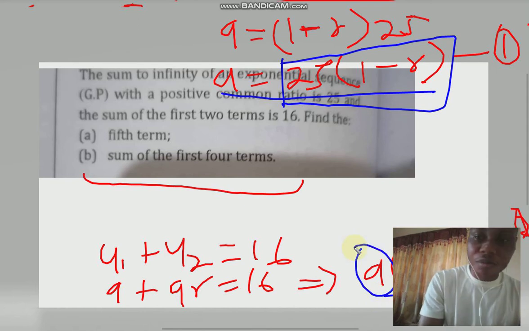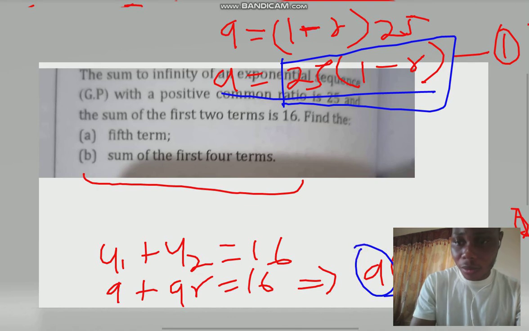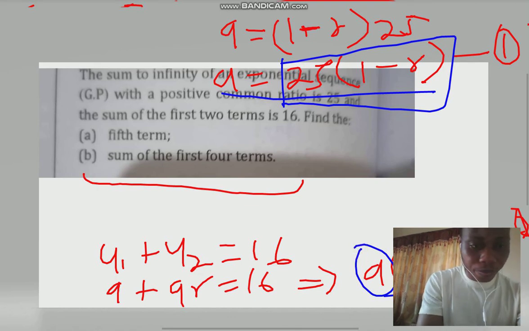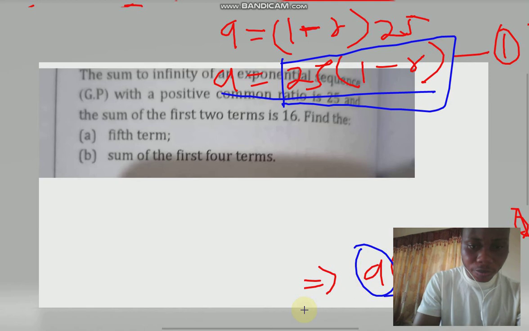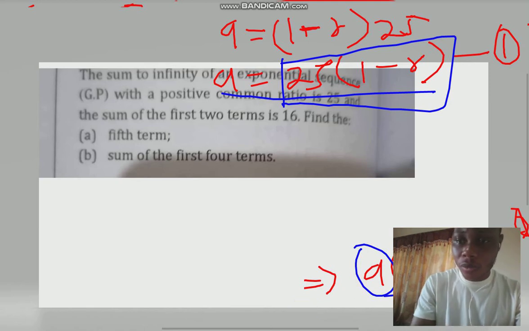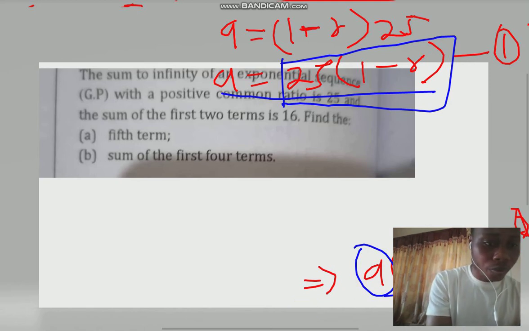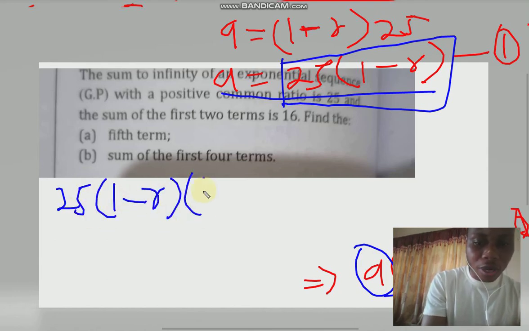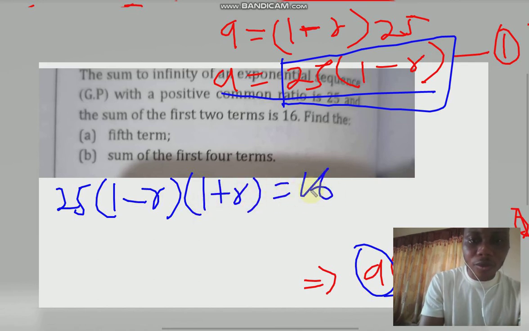That should just give me 25 times 1 minus r multiplied by 1 plus r equals 16. So I put this function into this function.